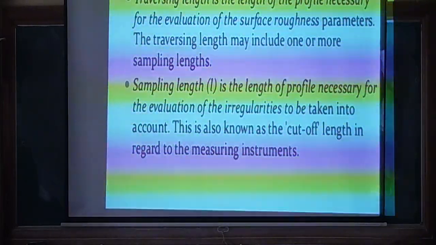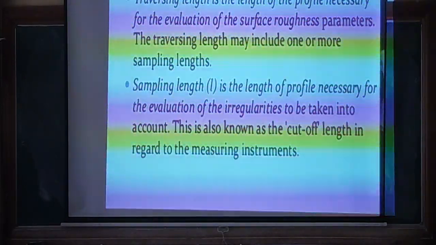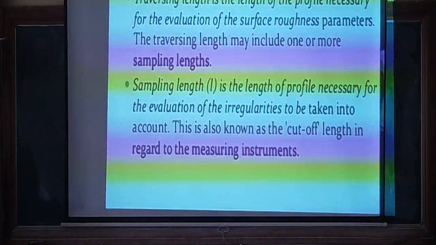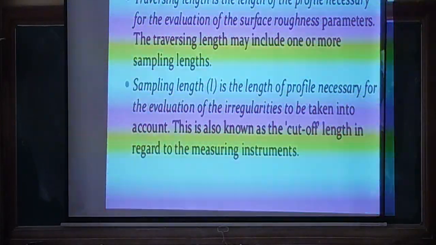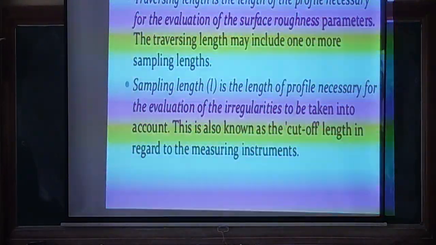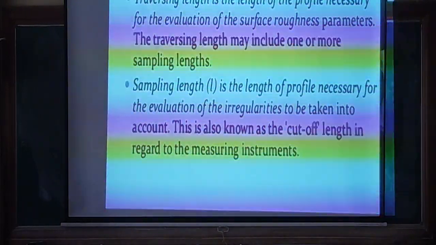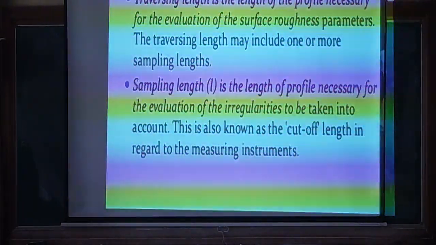How much you are going to take, whether 1.2 mm, 1.4 mm, 2.4 mm, 2 mm, or 0.8 mm, that is the traversing length of that particular probe, which you are going to use to evaluate the surface roughness parameters. So traversing length we are setting on that particular Talysurf machine. That is the length of the traverse of that particular probe.